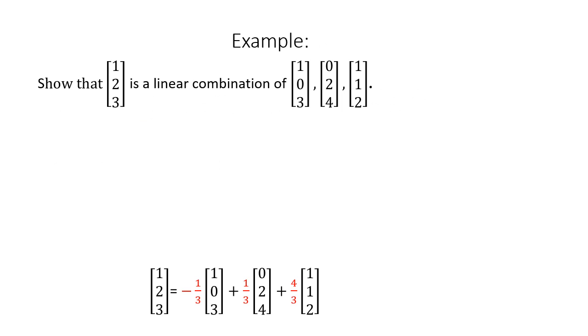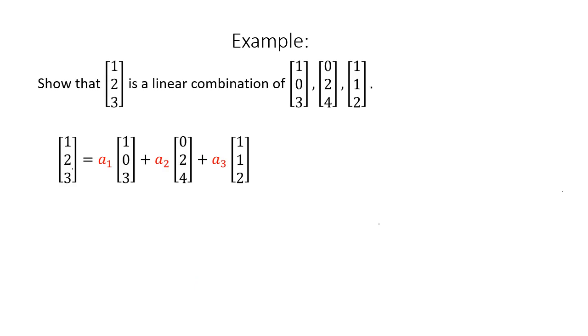In this problem, we're going to show that the vector 1, 2, 3 is a linear combination of these three shown vectors. We're going to actually demonstrate how we write 1, 2, 3 as a linear combination of these vectors. So we're going to start just from the definition of one vector being a linear combination of a set of other vectors.